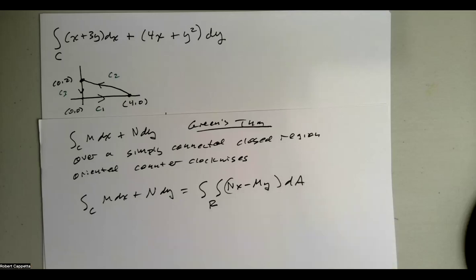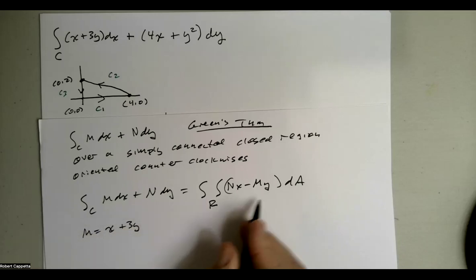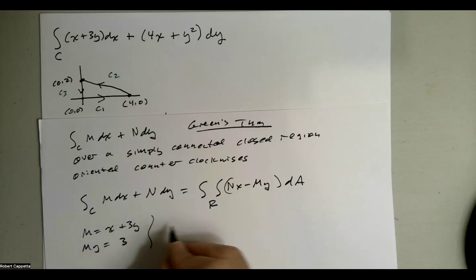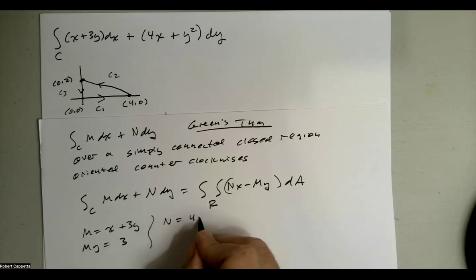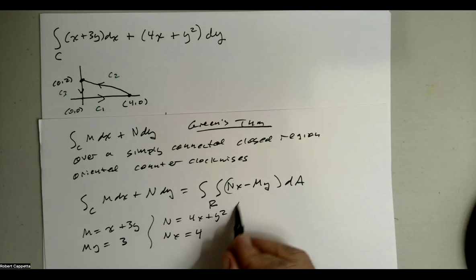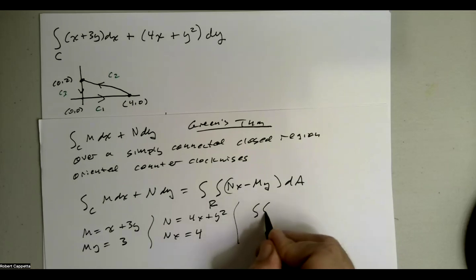So in this instance, we have m is x plus 3y. So I need m sub y, so the partial derivative of m with respect to y is 3. I have n is 4x plus y squared. So n sub x is 4.